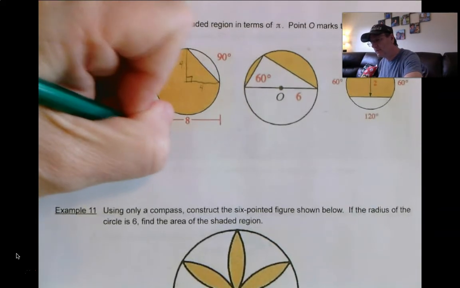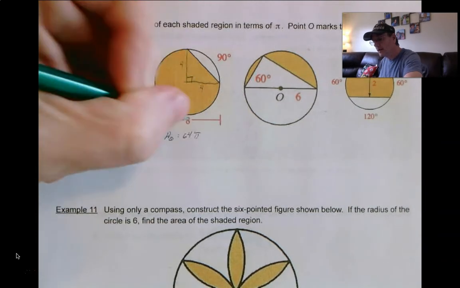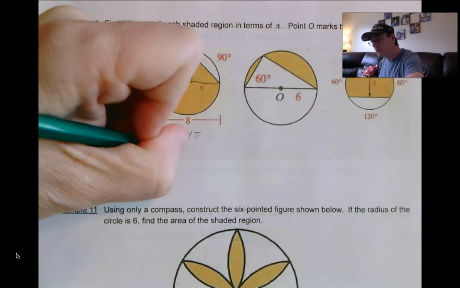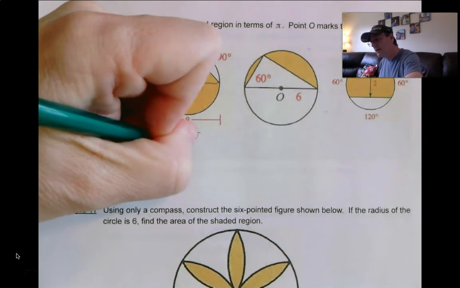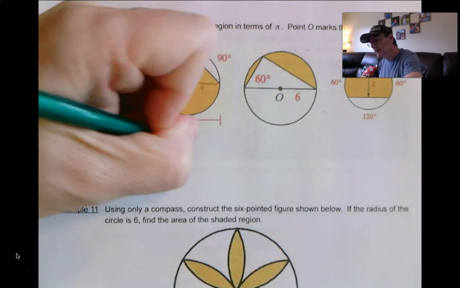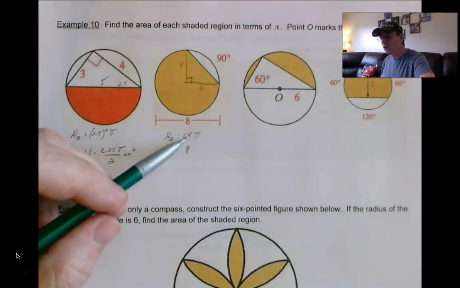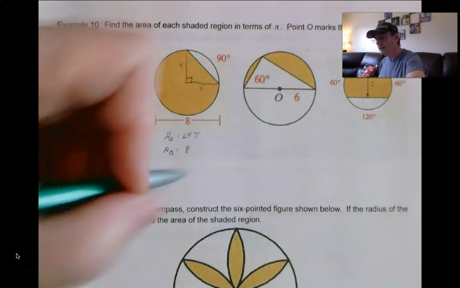Area of the circle is equal to 64 pi. Area of the triangle is equal to 1/2 base times height, or 8. And 3/4 of 64, so 64 divided by 4 times 3, is 48.